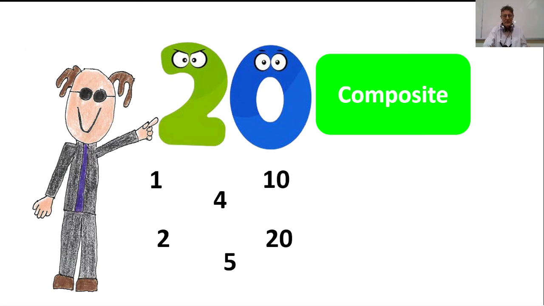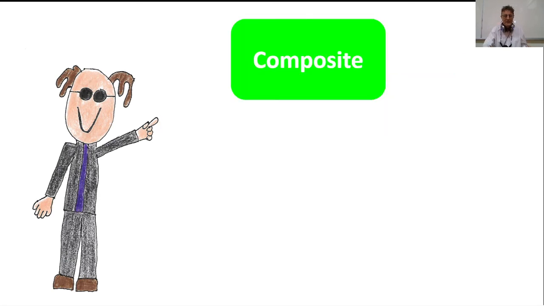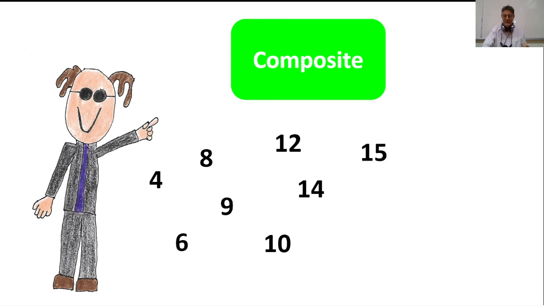Okay, so let's take a look. The composite numbers up to 20 are 4, 6, 8, 9, 10, 12, 14, 15, 16, 18, and 20.